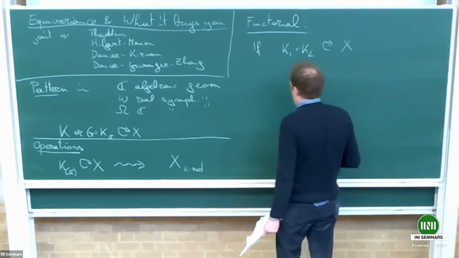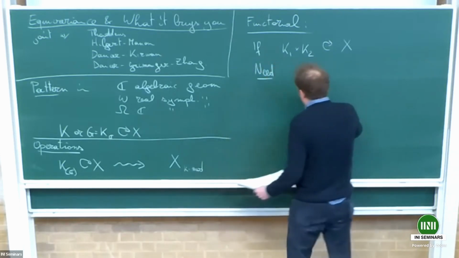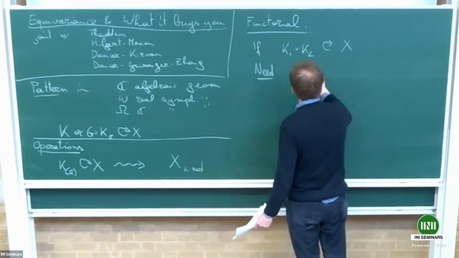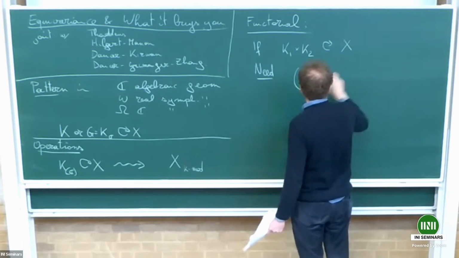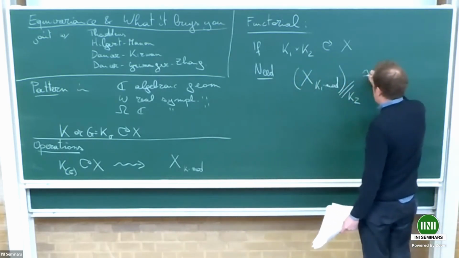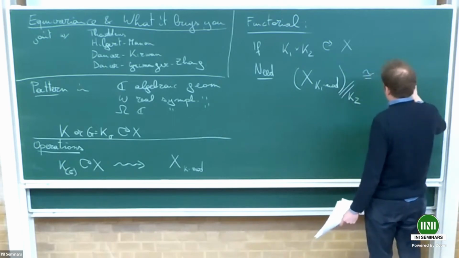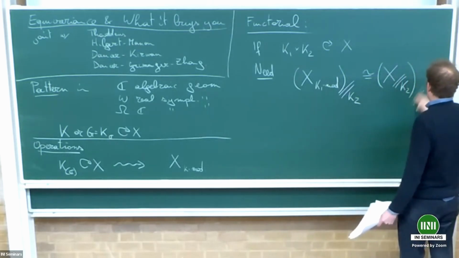So what I really want is that if I take X and I do my K1 modification, and then I reduce by K2, that should be the same as when I first reduce by K2, and then I apply my K1 modification.